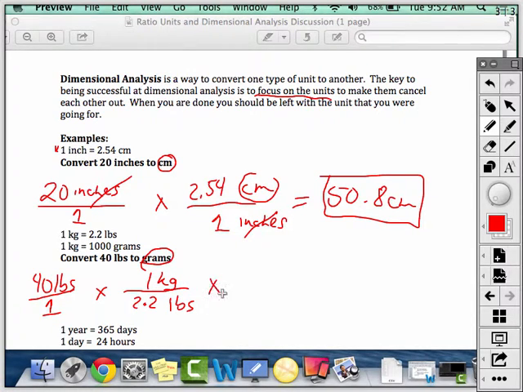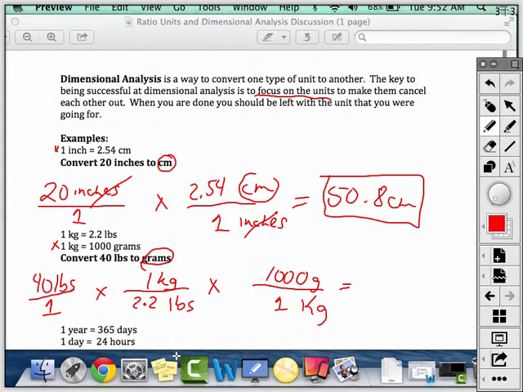All right. Now I'm going to multiply. How do I get rid of kilograms? Bottom or top? Bottom. Okay, good. And I look at my conversion factor here. 1 kilogram is equal to 1,000 grams.